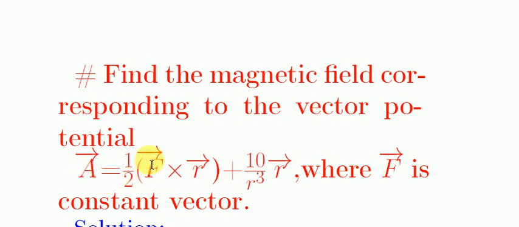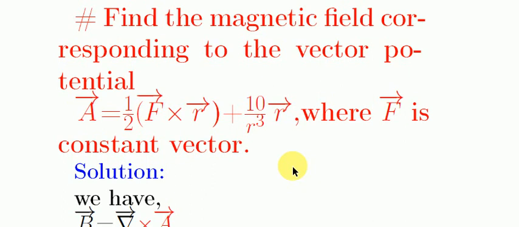Here A equals half times f cross r, where f is a constant vector and r is the position vector, plus 10 by r cubed times the r vector. This is the position vector and r is the magnitude of this r vector. So let us see the solution.